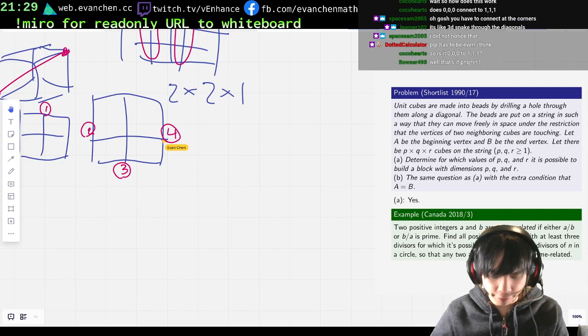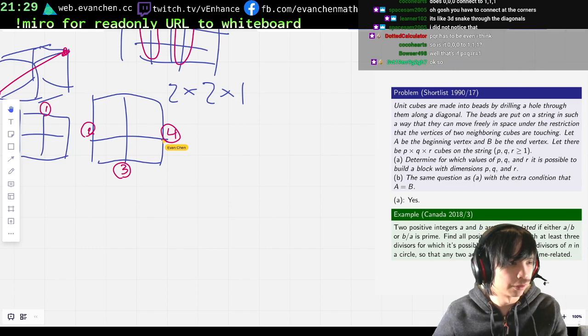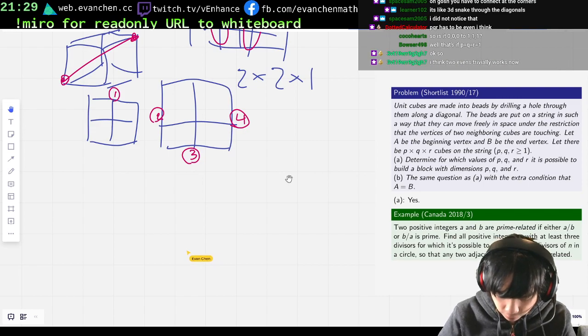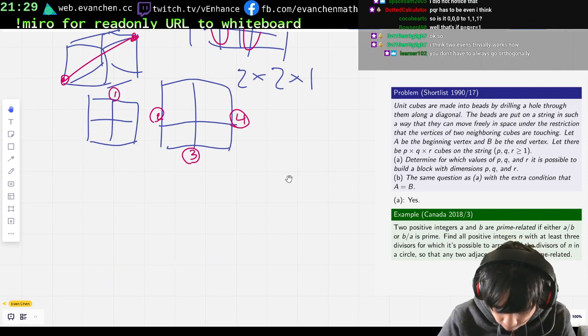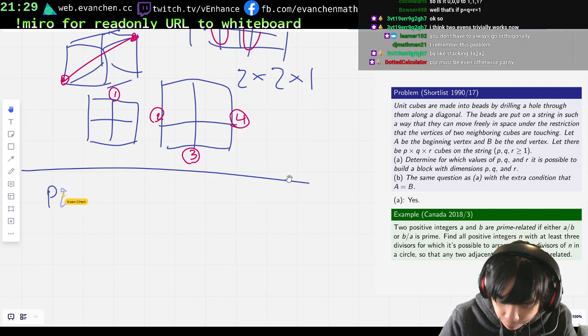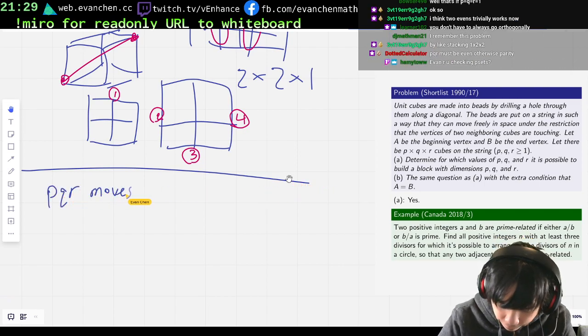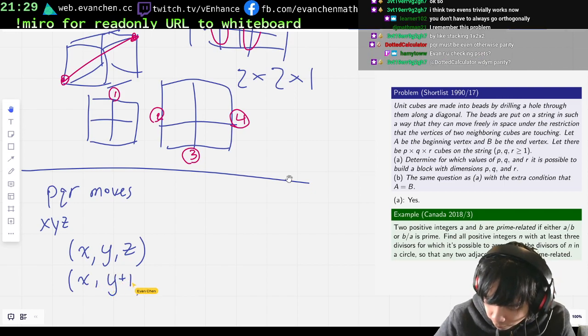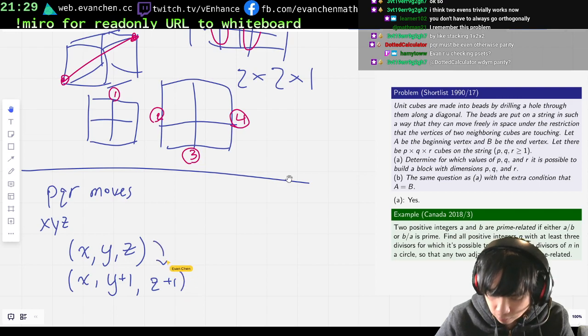So, I agree that there should be a parity obstruction if PQR is odd. Let's just try the dumbest thing possible and see what happens. You have to make PQR moves. If you imagine XYZ coordinates, starting at X, Y, Z, you always change two of the coordinates, like Y plus 1, Z plus 1 is one place you can go.